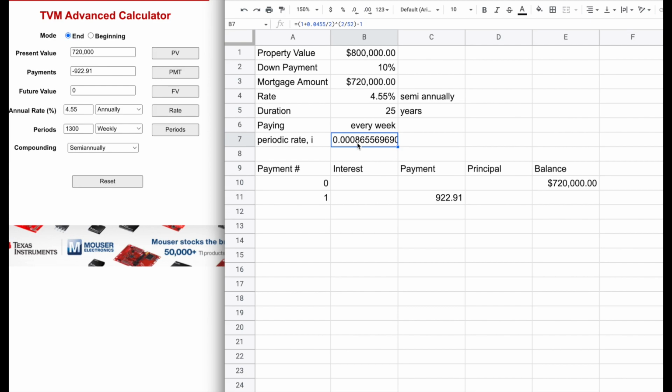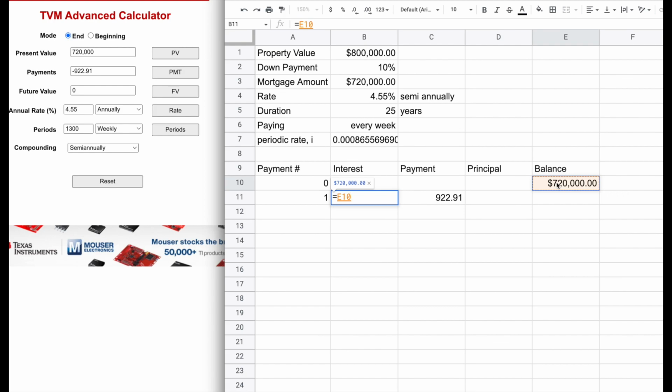Let's just take 0.0008656. We'll just take like 4 digits, just like what we were doing in class, because when I fill down, it's a little bit harder if I have to always reference this value. So we'll just make it a little bit easier.